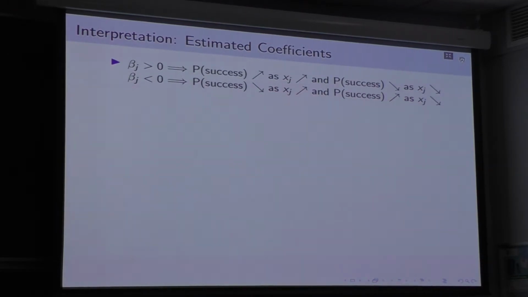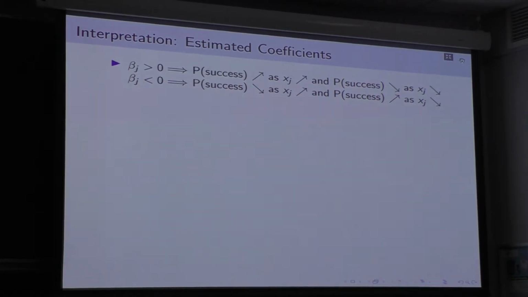It has pretty much the same sort of properties as you would expect. In particular, all that messing around with what's on the left-hand side hasn't altered how you interpret the sign of the coefficient. So beta j being positive doesn't just mean the log odds of success increase as xj increases.